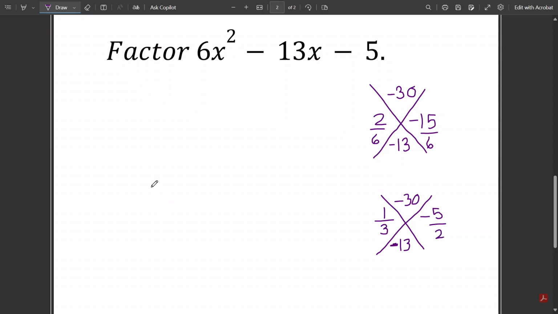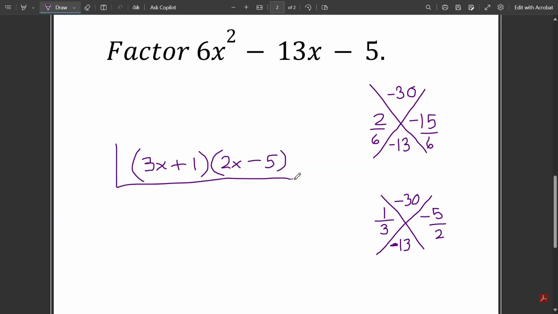Okay, so we're going to use the 3 and the 2 as our coefficients in front of x. We have the plus 1 here, and we have the minus 5 here. And we've successfully factored it using the magic x technique.